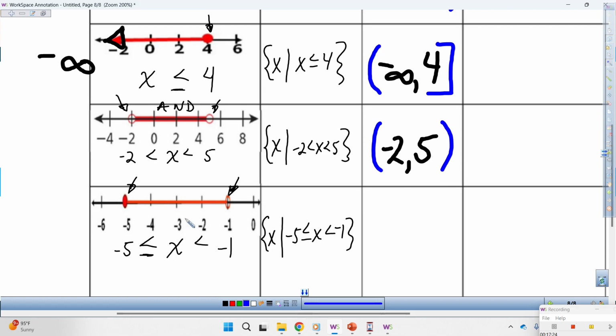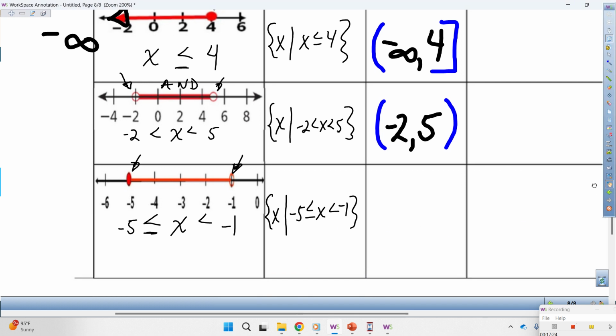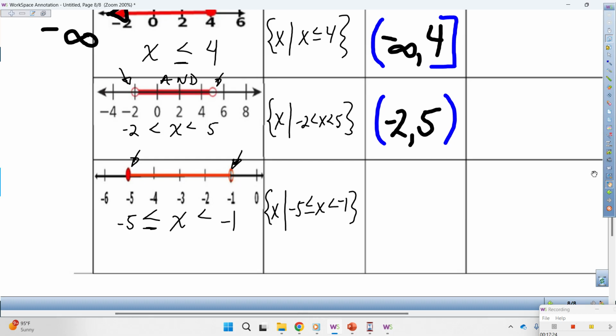All right. Do the last one by yourself, the interval notation. All right. Show your neighbor, see what they got. All right, Carlos, pass someone. Jaime.